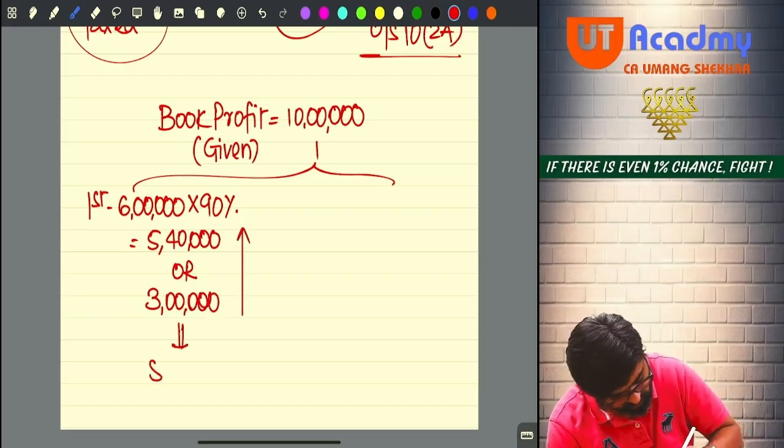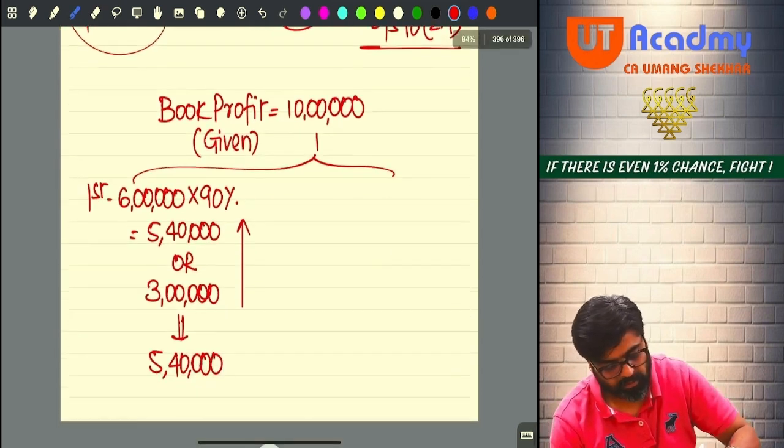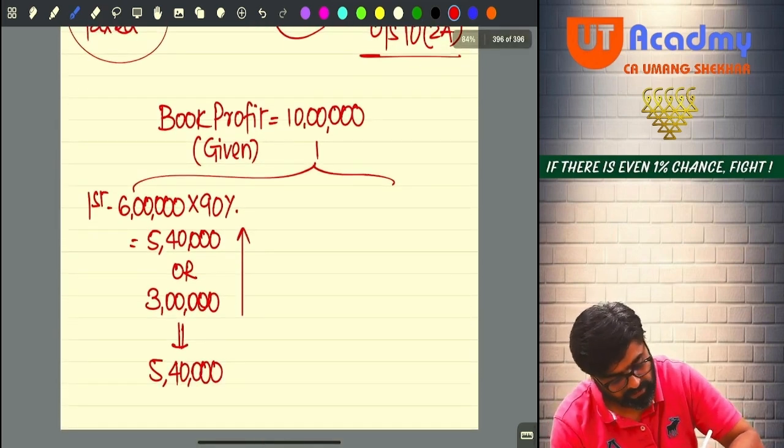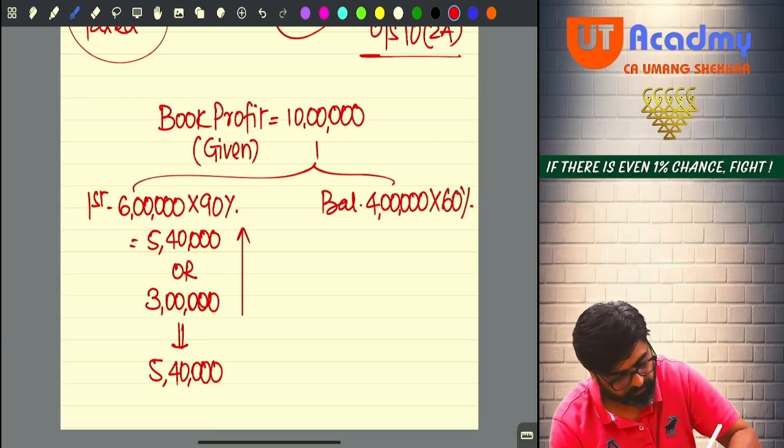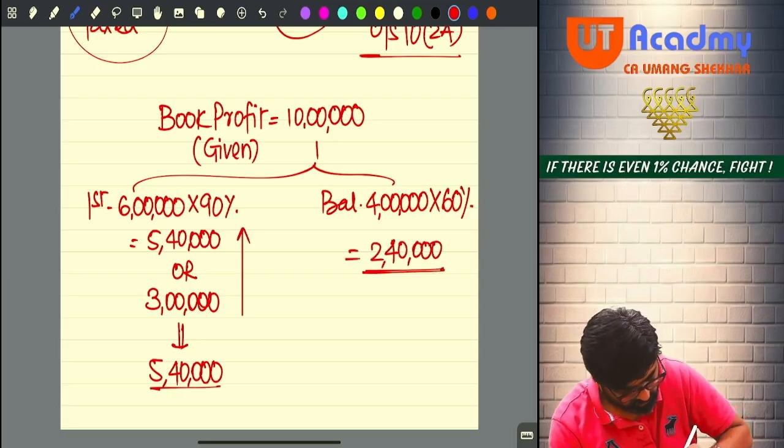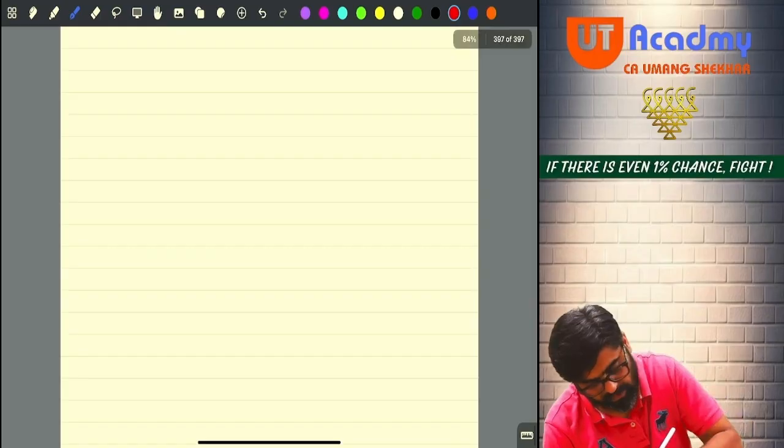So here it will be 5,40,000. How much is the book profit over and above 6 lakh? That is 4 lakhs. So on the balance 4 lakh, I will take 60%. That will be 2,40,000, sir. 2,40,000 plus 5,40,000.